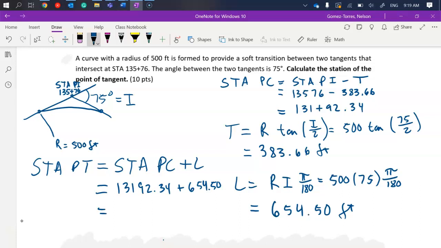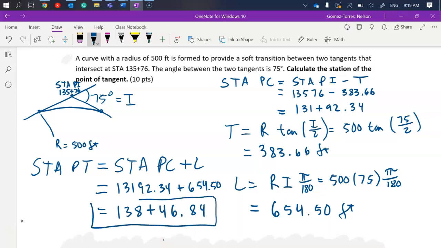And that's gonna be something like 13,846.84. So 138 plus 46.84 will be the station of the point of tangent.